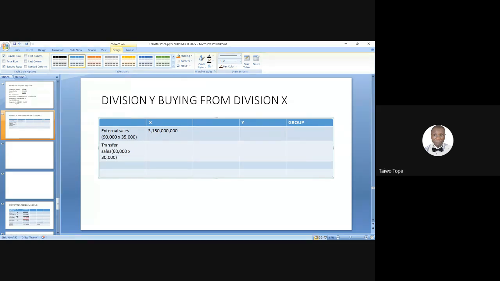I emphasized it while I was reading it. Once you multiply, you should have 1,800 million. So the total revenue for division X will be 4,950 million.